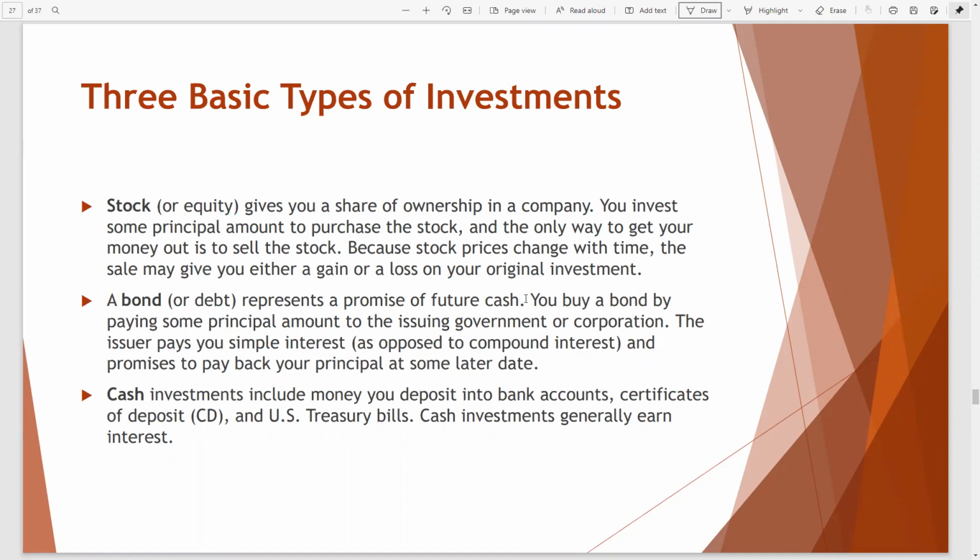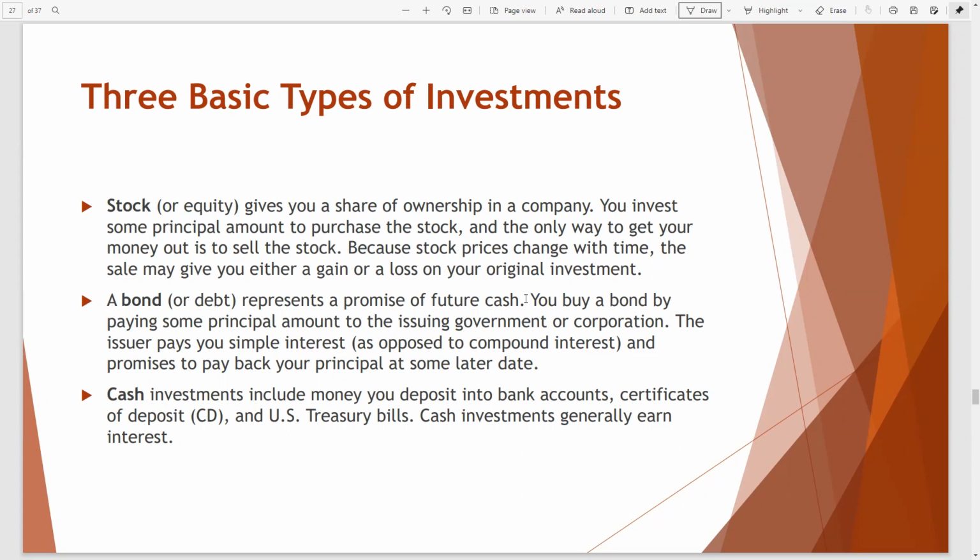So you buy a bond by paying some principal amount to the issuing government or corporation. The issuer pays you simple interest as opposed to compound interest, and promises to pay back your principal at some later date, right?